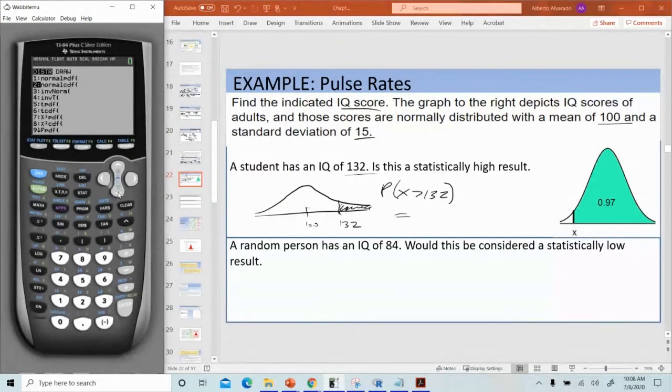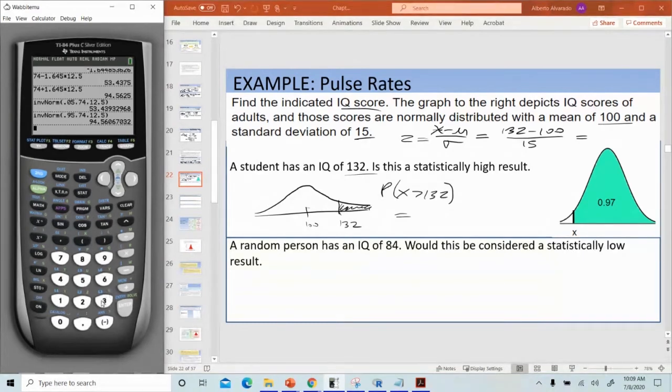Okay, let me do good practice. x minus mu over standard deviation. We'll calculate the z-score: 132 minus 100 divided by 15. Saves myself a little time: 132 minus 100 is 32, divided by 15, and I get 2.13.